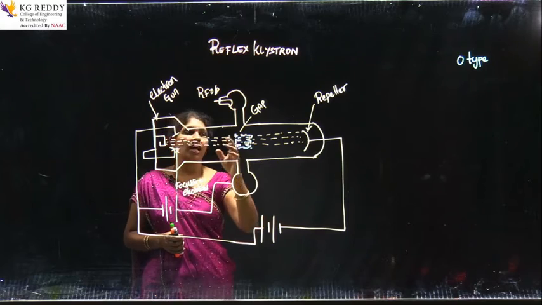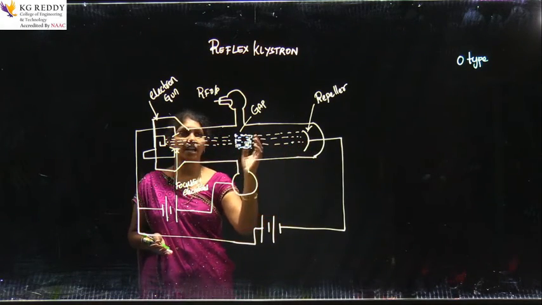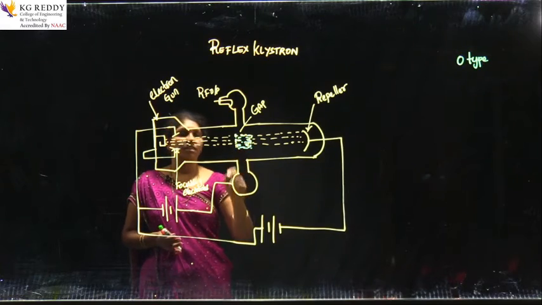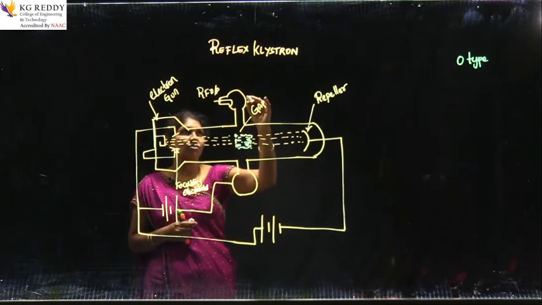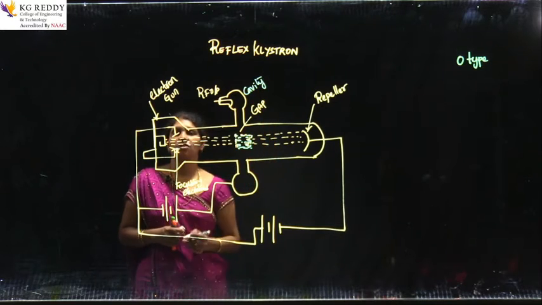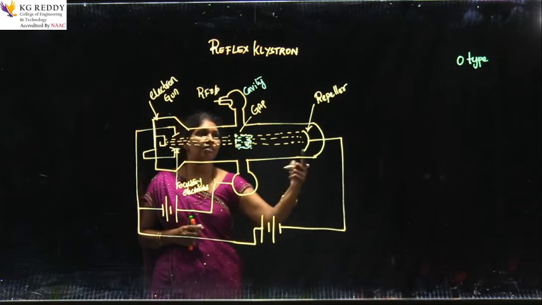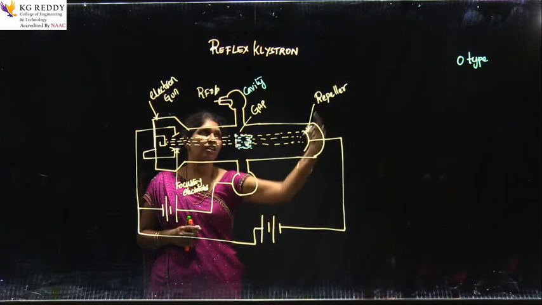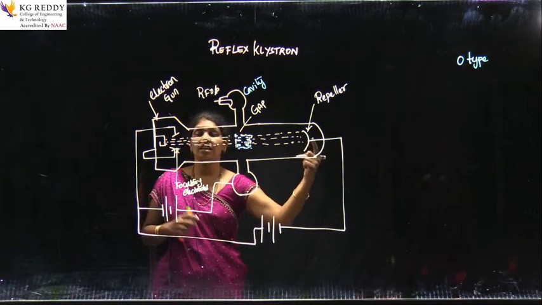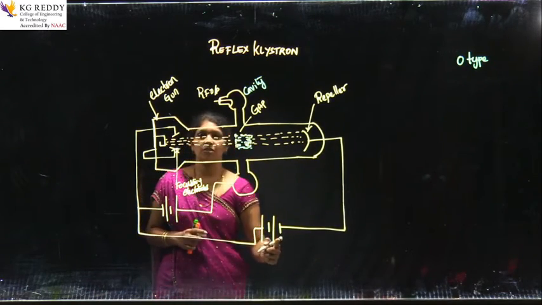These electrons move to the repeller and get back again to the cavity. There is only one cavity in this reflex klystron. Bunching takes place here. This part of the device is called the repeller since it repels the electrons, because it is connected to the negative terminal of the battery.